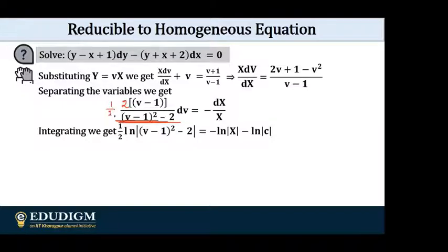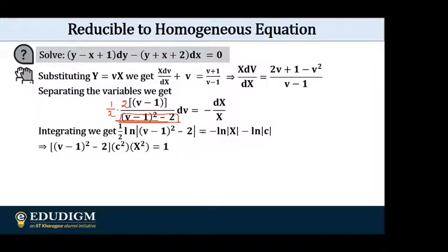So this will be half into ln of this entire denominator. This is minus ln x, and since all the terms are in logarithm, I have taken the constant as a logarithm of something as well. Do some basic things about logarithms, that log a plus log b is log ab, etc. This is what you're going to get. Remove the logarithm, and this is what you're going to get.